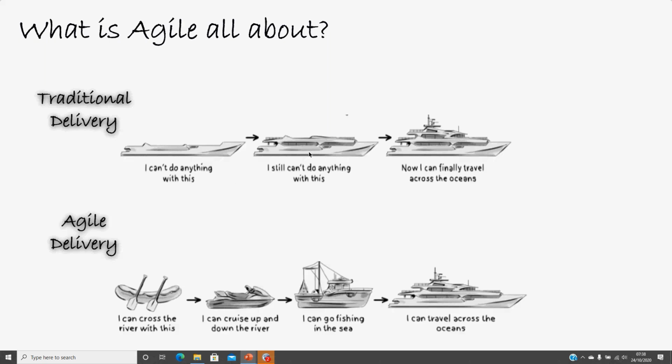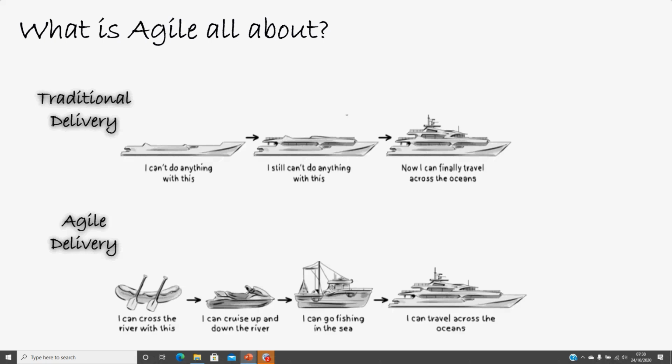In the second stage, still there's nothing that you can do about it. You can't use this ship because it's still in an intermediate step, and only you can use the final product, which can go across the oceans and cruise through the seas and all that. You can only use the final product.